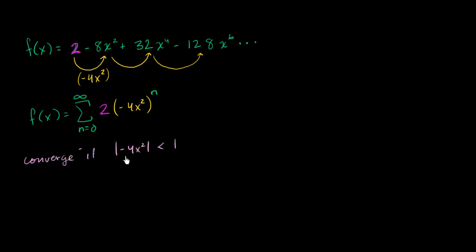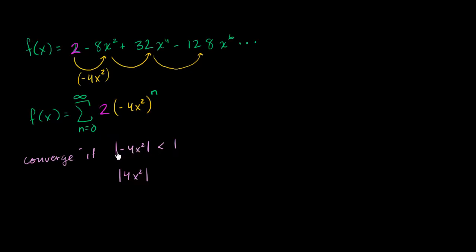Well, the way it's written right now, this is going to be a negative value. So the absolute value of this is just going to be 4x squared, right? X squared is going to be non-negative. So 4x squared is going to be non-negative. Negative 4x squared is going to be non-positive.